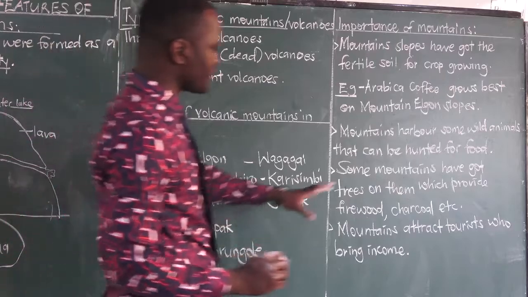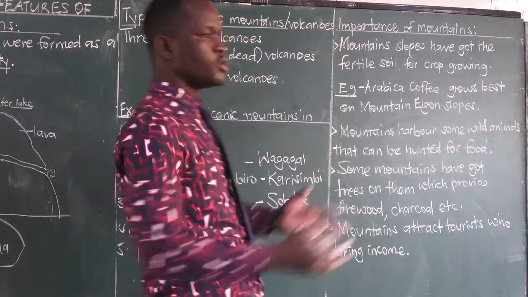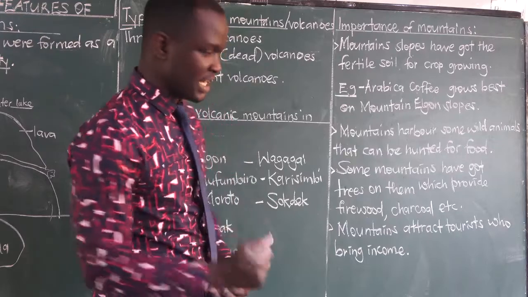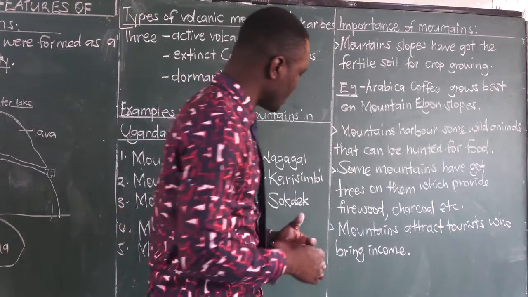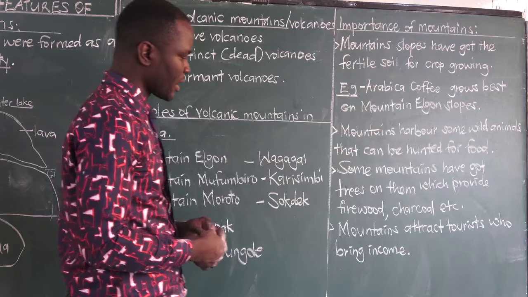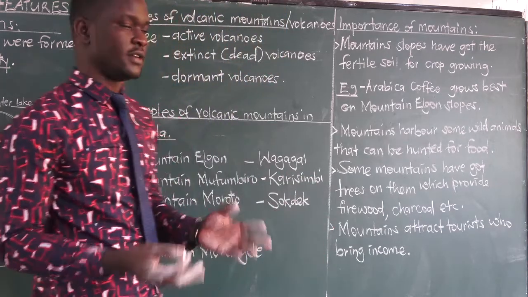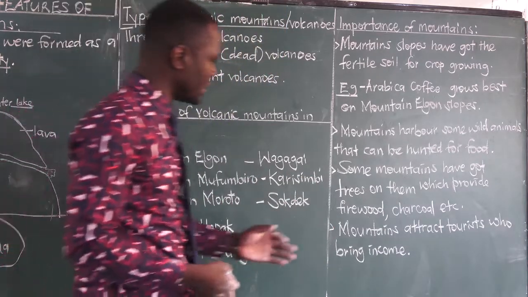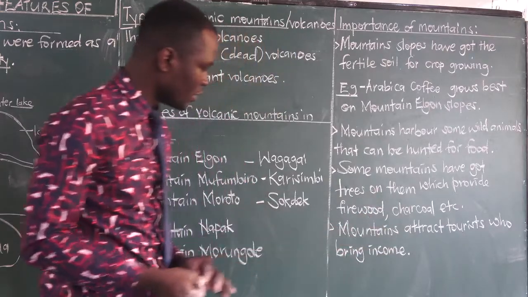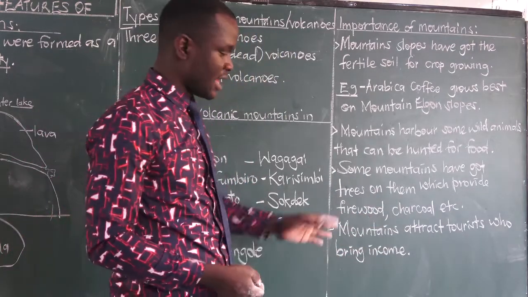Remember, we have tourists who always go to tour mountains. You can be a tourist as a P5 child. You can organize a trip with your teacher. You say, you are going to tour Mountain Elgon, you are going to tour Mountain Rwenzori. So when you go there as a tourist, of course, you will contribute some money to the government. So that is another importance.